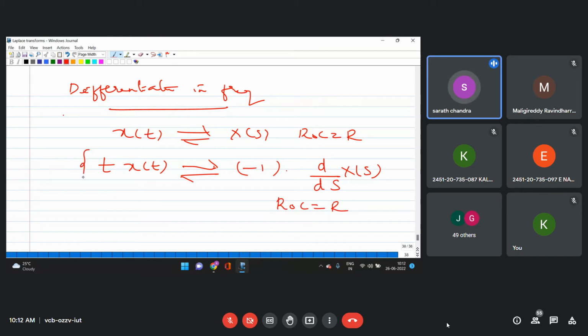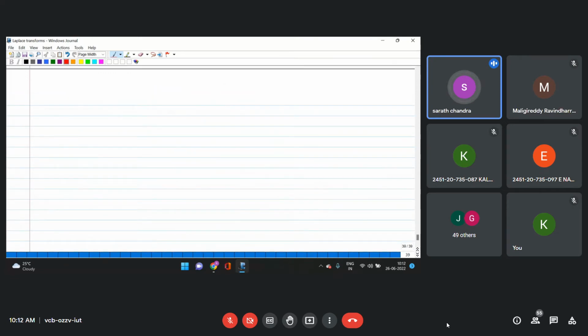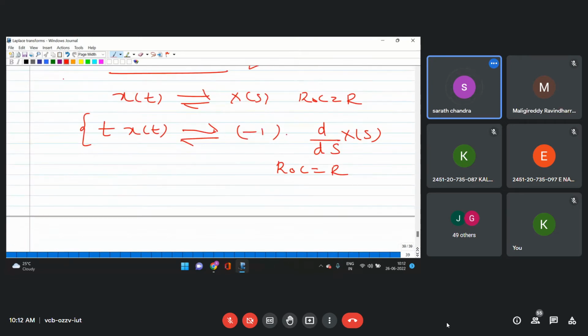Can someone tell me this in Fourier transform? Quick. Can someone revert back? T into x of t in Fourier transform and inverse Fourier transform will give you what? I need someone to revert back. Quick.